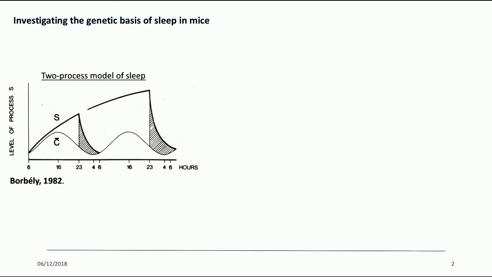And so one approach to try and look at this is what we call forward genetics, which is an unbiased approach in the sense that you don't make assumptions of which genes could be underlying this process S. You just induce mutations or use a QTL approach and then see what genes could have an impact on this.